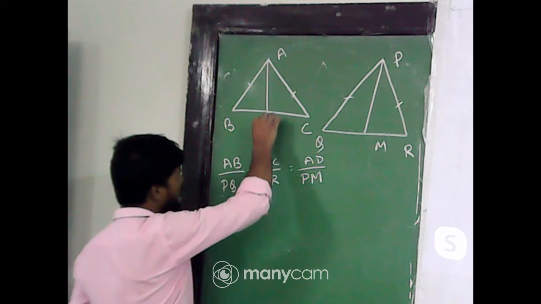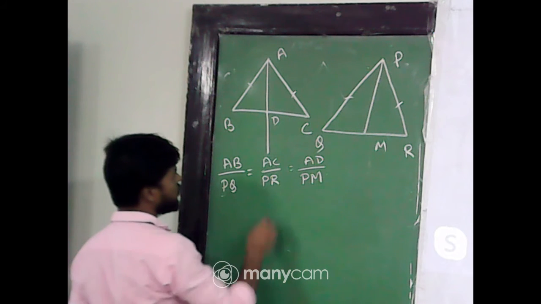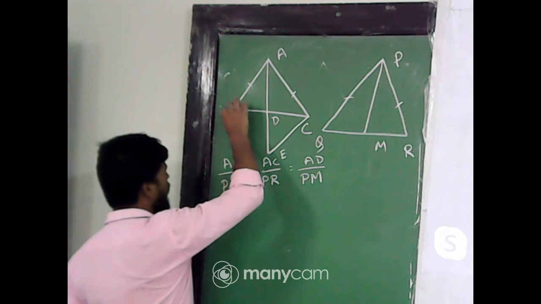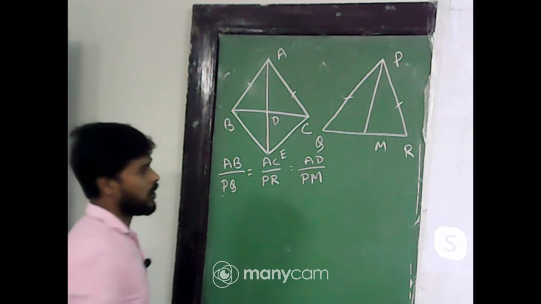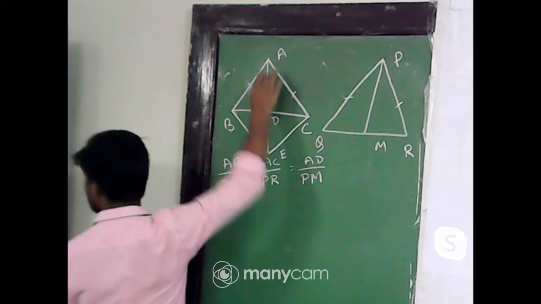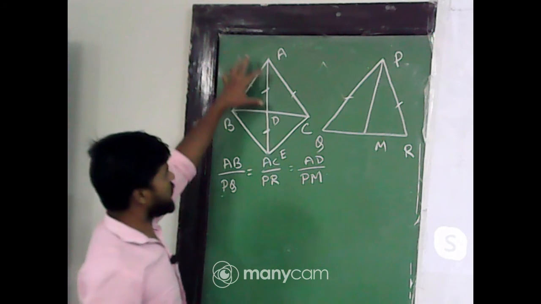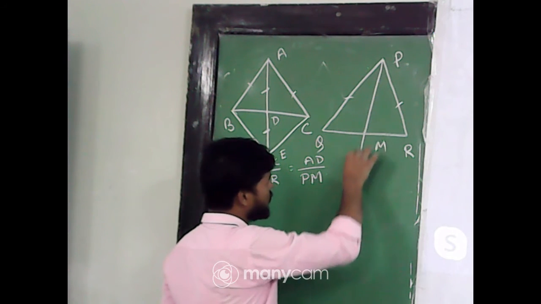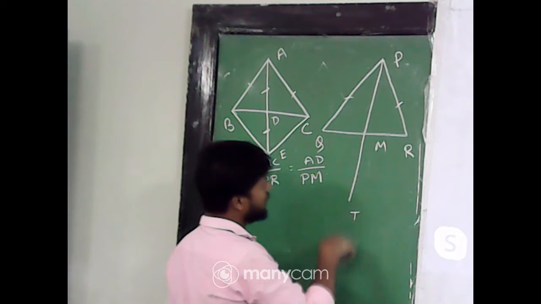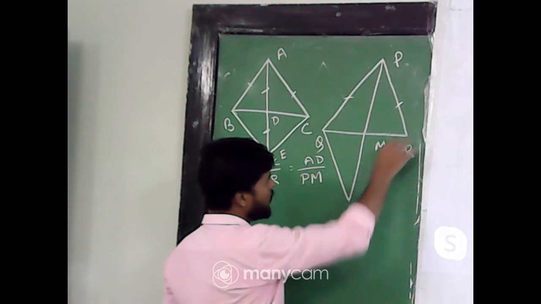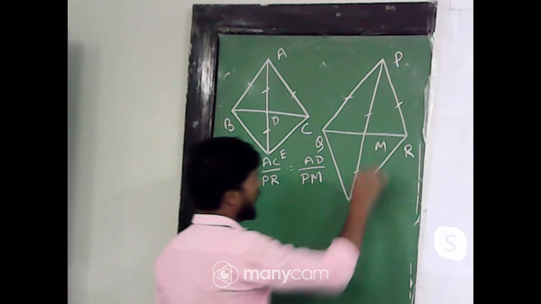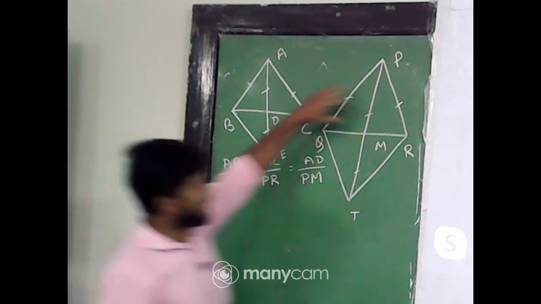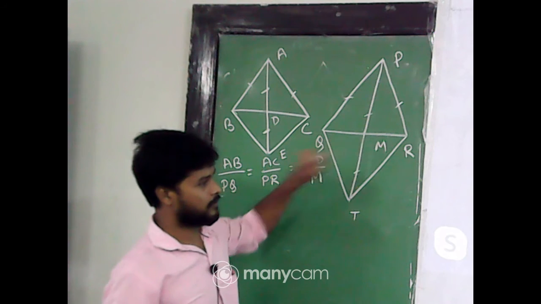We are producing the median AD to the point E and then joining BE and CE, such that AD is equal to ED. Similarly, we are producing PM to the point T and then joining QT and RT. So, according to construction, AD is equal to DE and PM is equal to MT.